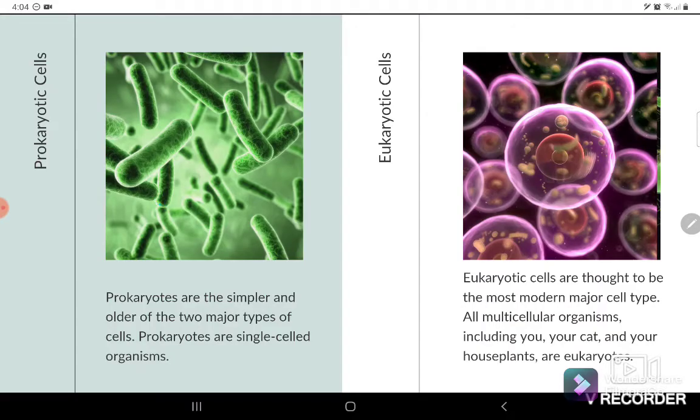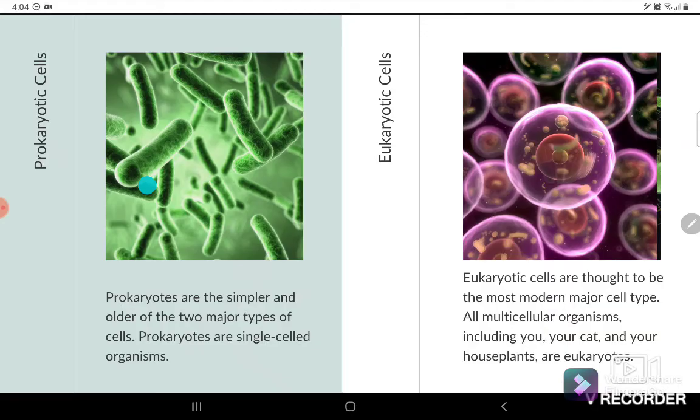Because the major feature of a prokaryotic cell is that they do not have a membrane-bound nucleus embedded inside the cell. So technically, the prokaryotes do not have a true nucleus, where all of their genetic information is stored or located.